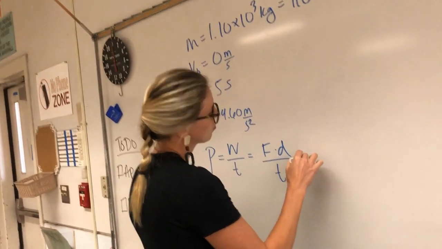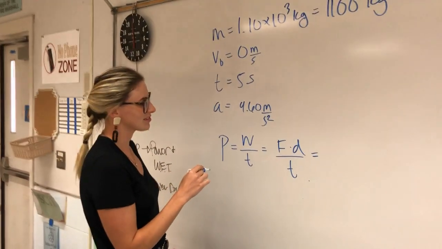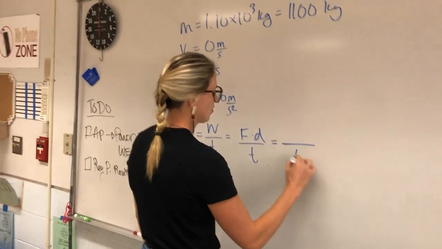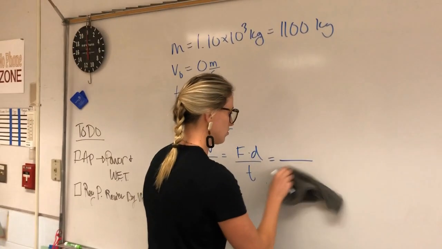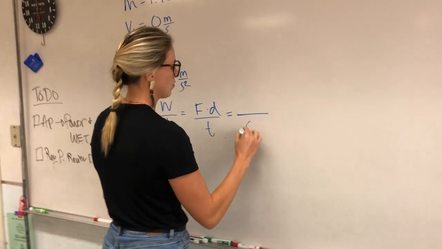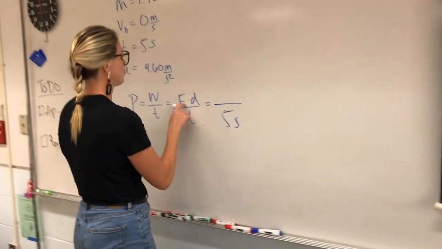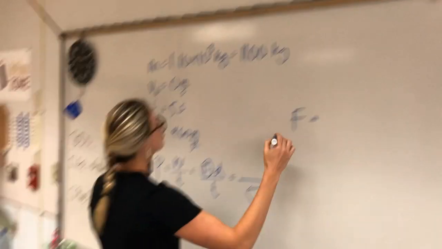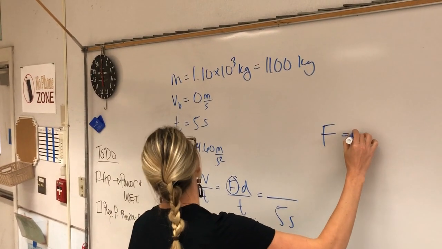That's a good place to start, Miss Mo. Let me start with the basics, right? How can we get the force? So I have my time, 5 seconds. We need the force. So force equals mass times acceleration, that's Newton's second law.